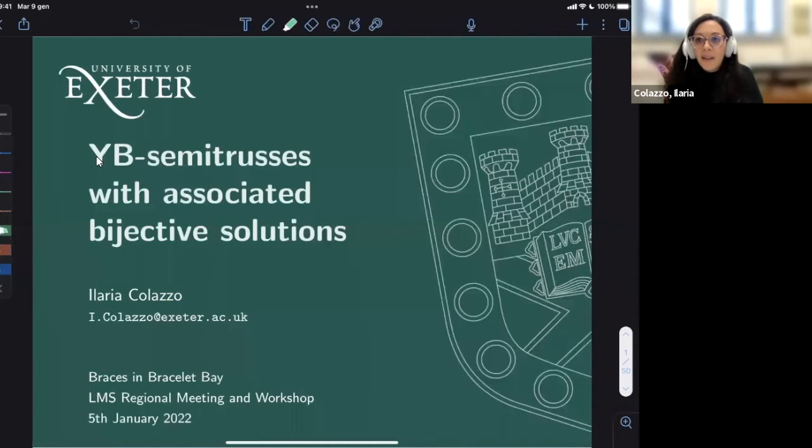My talk is on the same setting as Charlotte's talk, and it will discuss YB-semitrusses, with particular attention on YB-semitrusses in which the associated solution is a bijective solution.